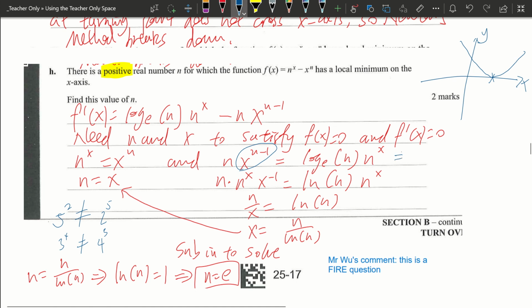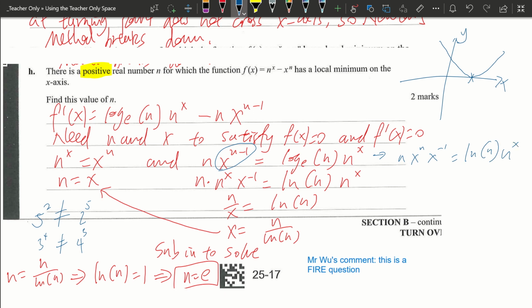So I change this into n times x to the power of n times x to the power of negative 1, because it is, right? I'm breaking the exponent into two parts: x to the power of n times x to the power of negative 1. And then that's equal to ln of n to the power of x.